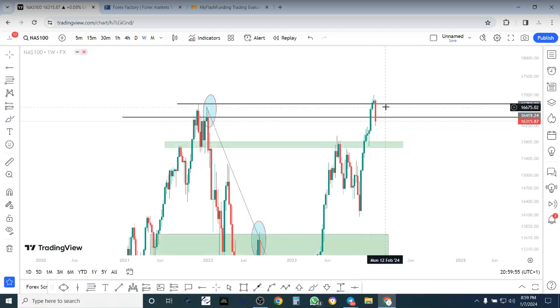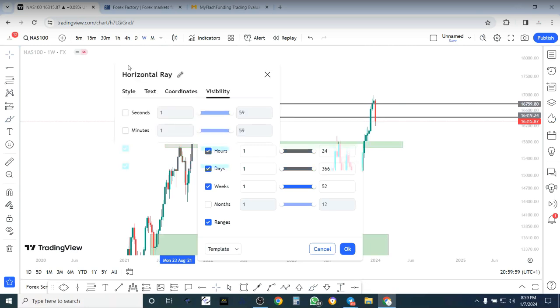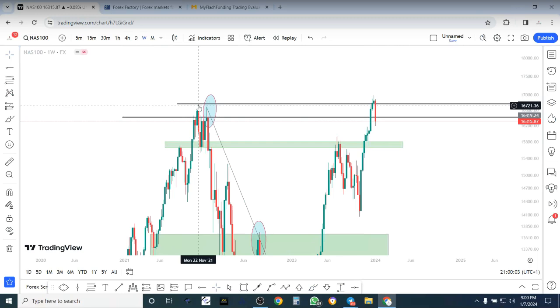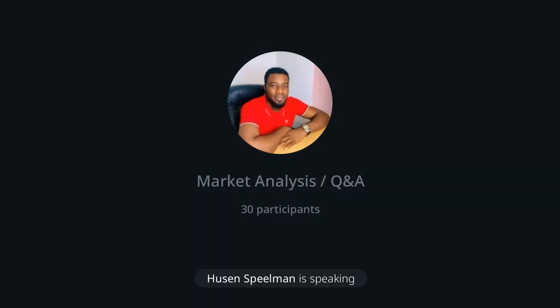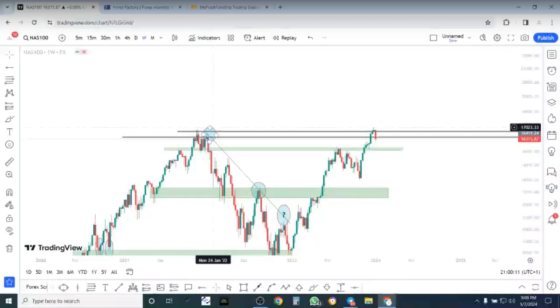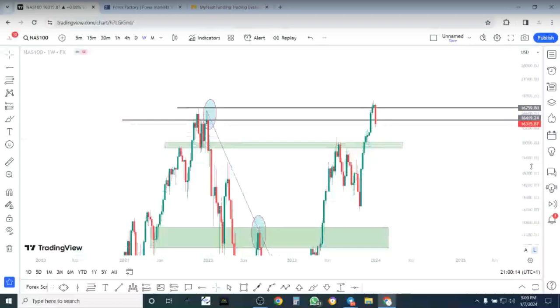Whoa. On the weekly, we have a massive bearish engulfing candle. Yes. So you can see that the price is respecting this top here, and we are seeing that zone. We've seen a massive rejection.